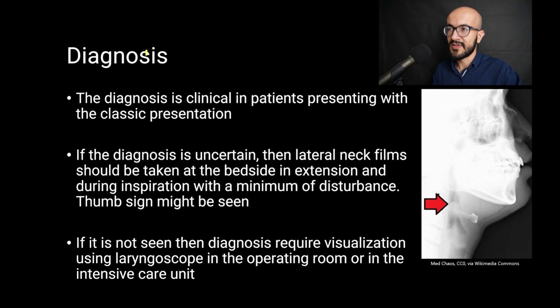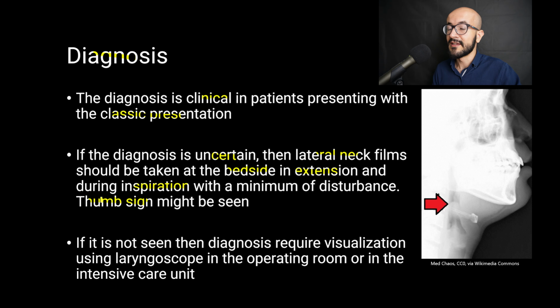Now let's talk about the diagnosis. So diagnosis is clinical in patients presenting with the classic presentation, and if the diagnosis is uncertain, then lateral neck films should be taken at the bedside in extension and during inspiration with minimum disturbance to prevent airway compromise.